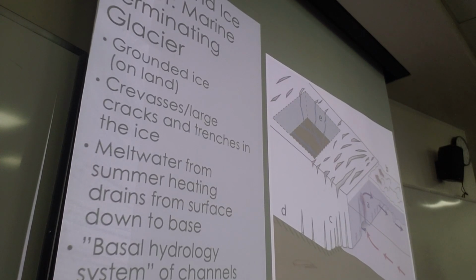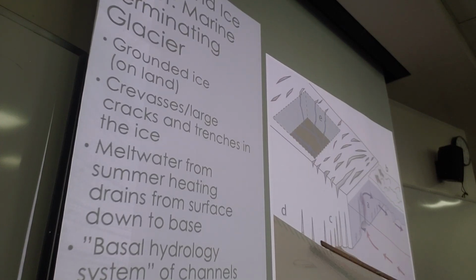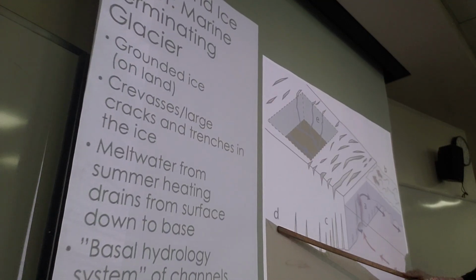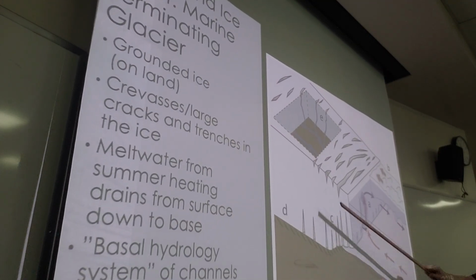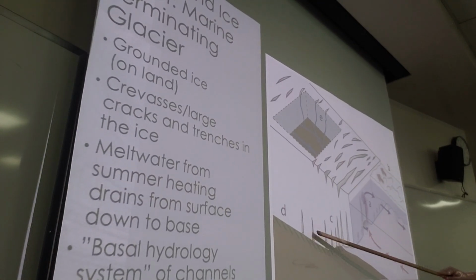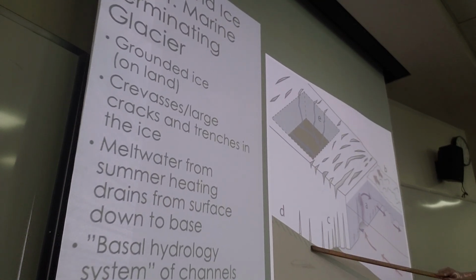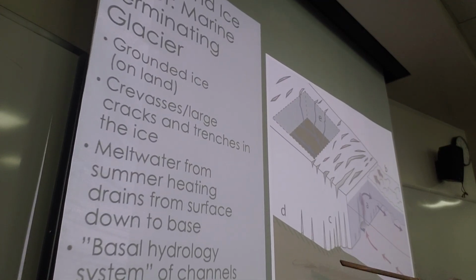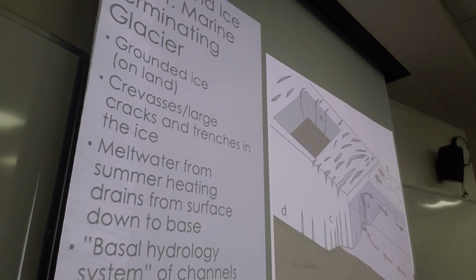Marine terminating means the rest of the land is over on this side. So here's the base of the glacier, so this is the land. And then the ice is sitting on the land, so it's called grounded ice. The land is frozen so the ice is frozen onto the bedrock underneath, or maybe there could be soil or subglacial dirt and things like that on the bottom.